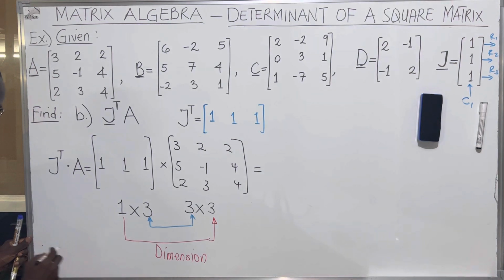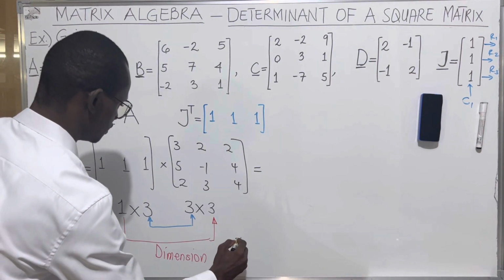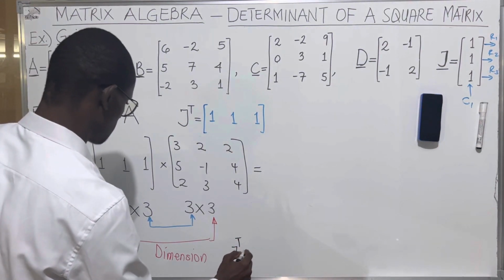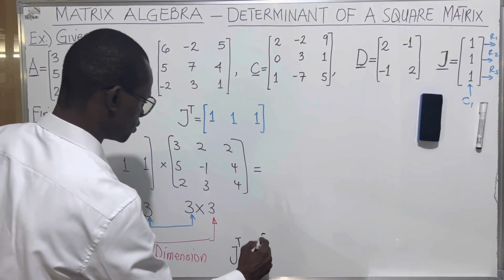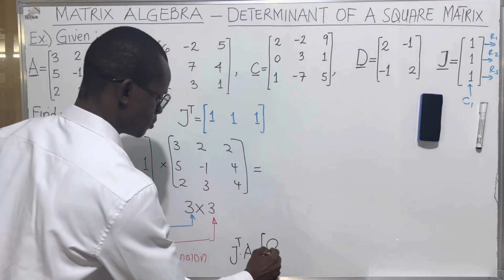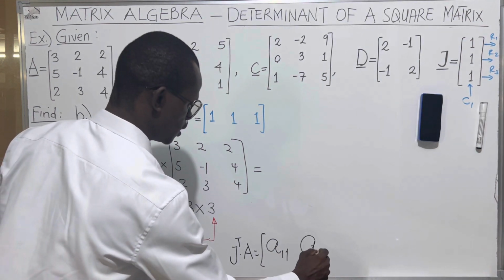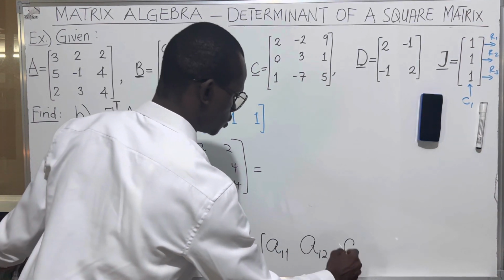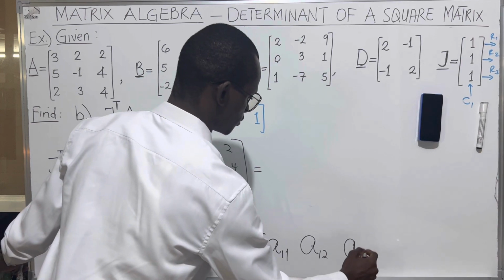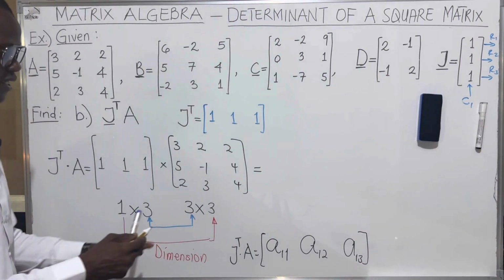So if you have J transpose times A, it is going to be in the form of some A1,1, A1,2, A1,3. And now let me explain this.